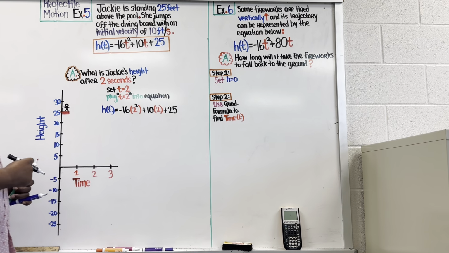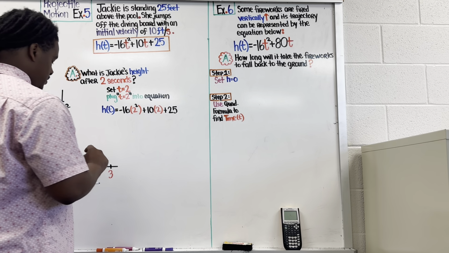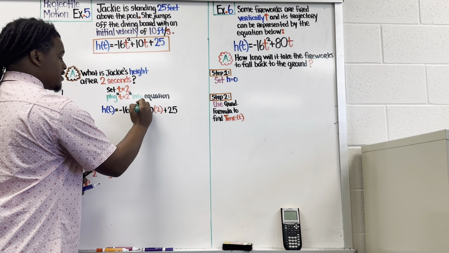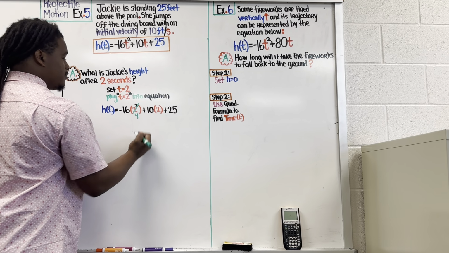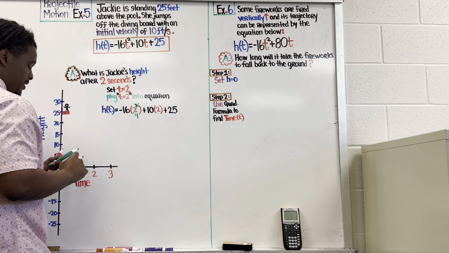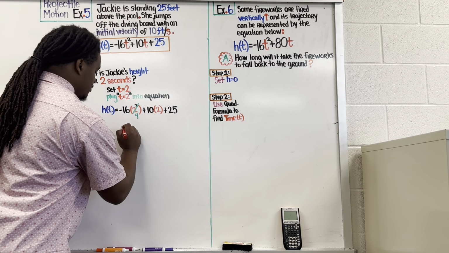All right, guys, you can use a calculator or do it by hand. I've done this problem before, so I know that 2 squared is 4, and negative 16 times 4 is negative 64.